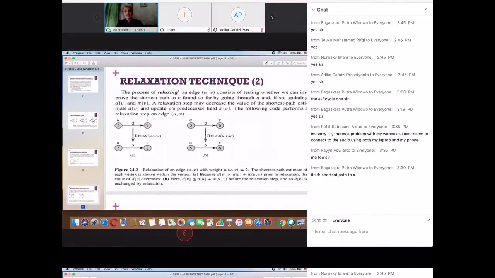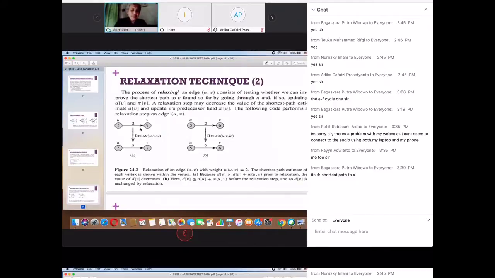It's 7, right? So, in case A, you can decrease the 9 into the 7. It means you can relax this edge when using this technique.